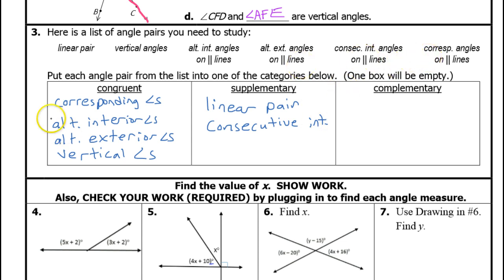Okay, let's see, 1, 2, 3, 4, 5, 6. 1, 2, 3, 4, 5, 6. All right, we got them all. None of these angle pairs are complementary, so that should just be blank.